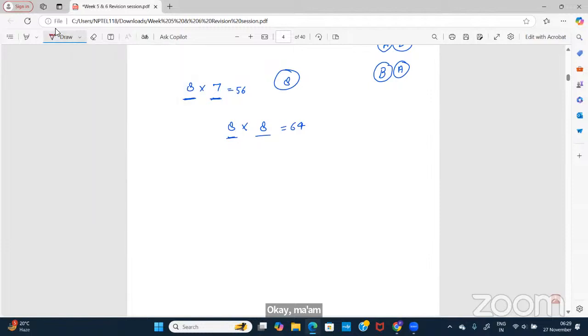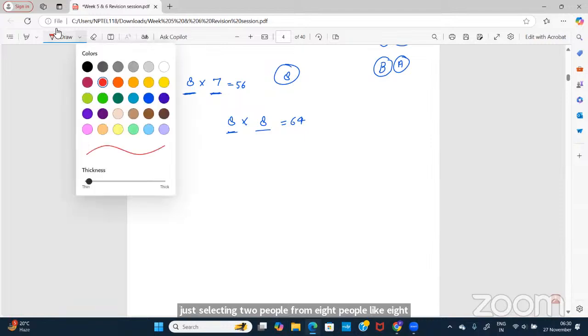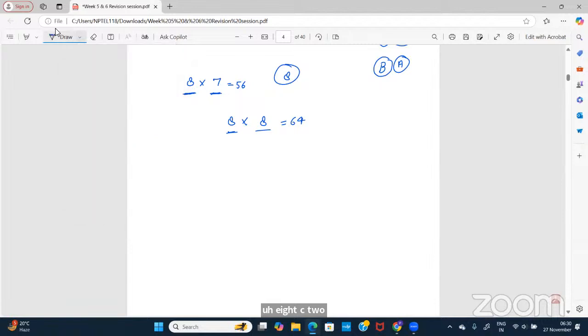I have a question. Yeah, sure. How is it different from just selecting 2 people from 8 people, like 8C2? See what happens in 8C2. So it is combination and permutation. We always select different objects.